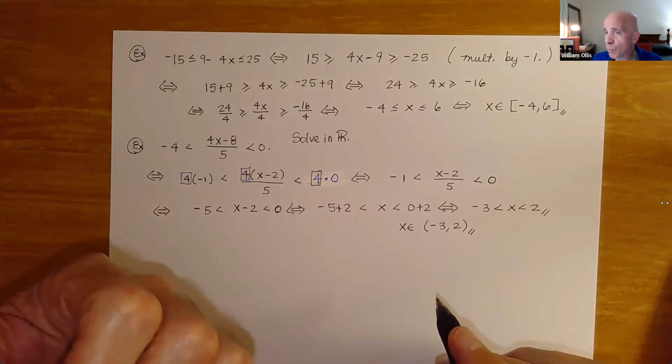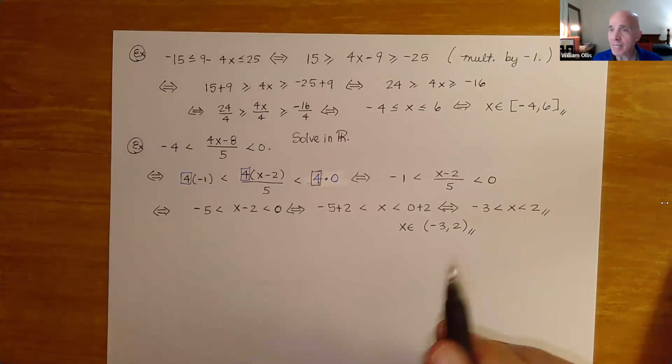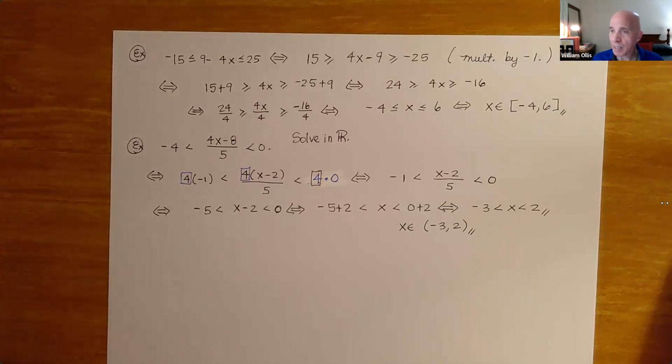Do we include the endpoints? Do we not include the endpoints? Is the solution set infinite? Do we have an infinity in it? Again, remember, infinity never uses a bracket because it's not a real number.